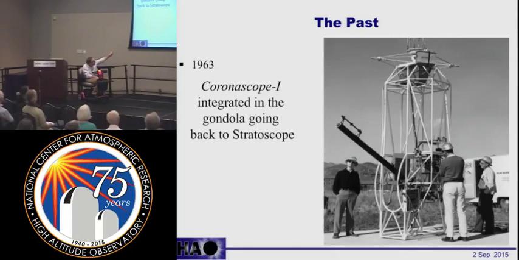And the coronagraph was out in the open. The balloon gondola is the gondola that was first developed by Martin Schwarzschild in 1957 for the Stratoscope. And we actually have it here in-house.